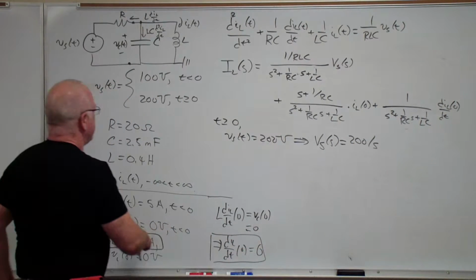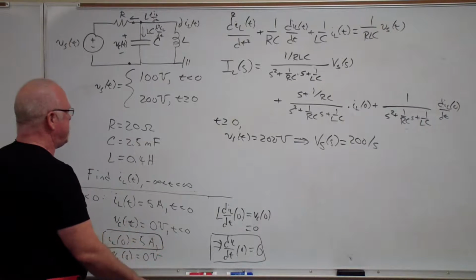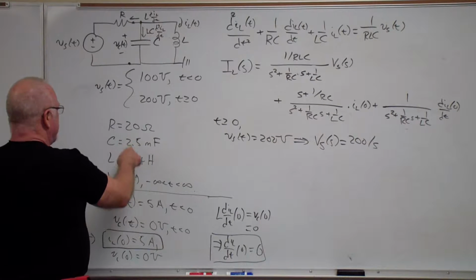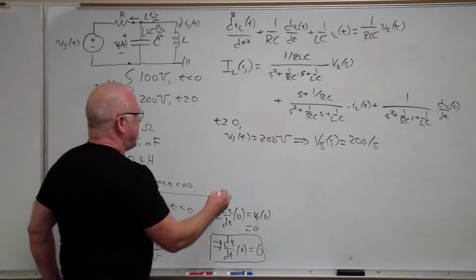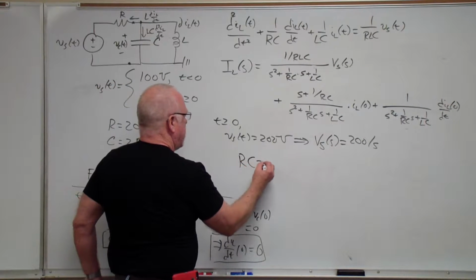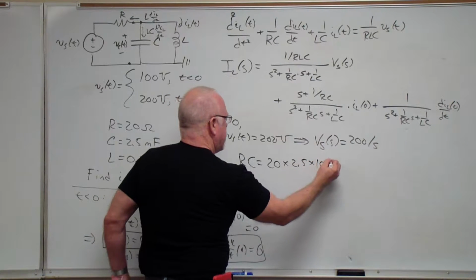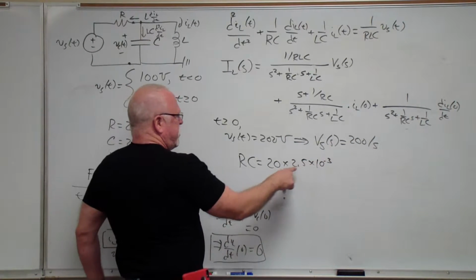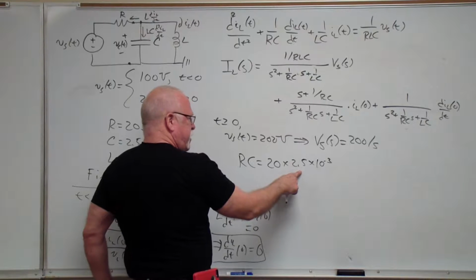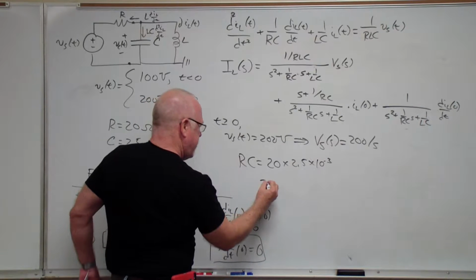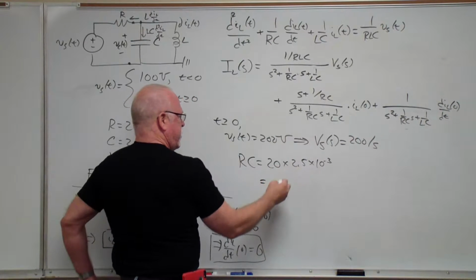So let's plug these numbers in. Oh, we need the numbers for the parameters. We have a 1 over RC term to worry about. R is 20 and C is 2.5 milli. 20 times 2.5 is 5, right?